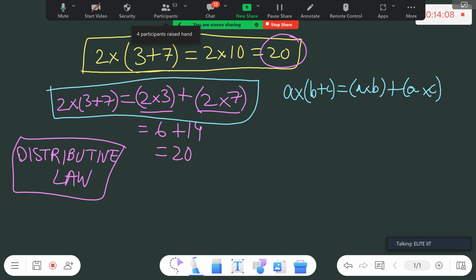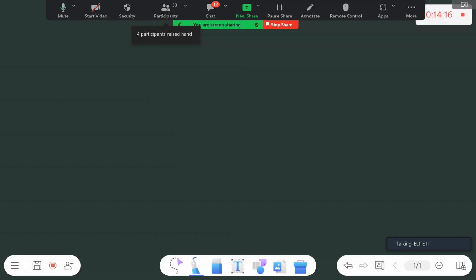Now what do you mean by identity element? 0 is the identity element.